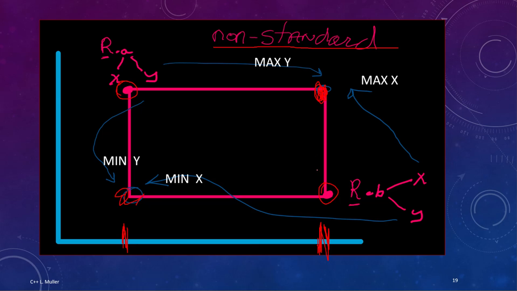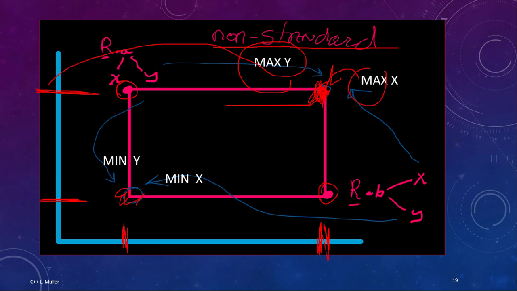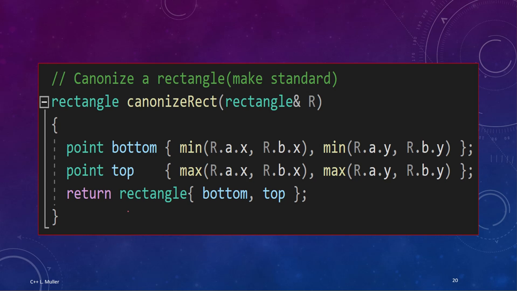Take the biggest x, which obviously should go up here, and then we'll have a y, a small y and a big y. Take the big y and the big x and make a point for this one here. Then take the smallest x and the smallest y and make a point here. And then we could give it any 2 points. We could make it standard, canonical.